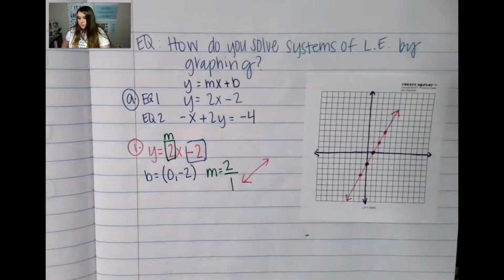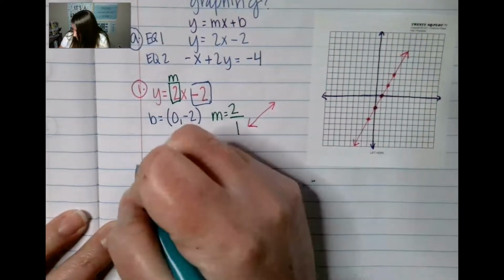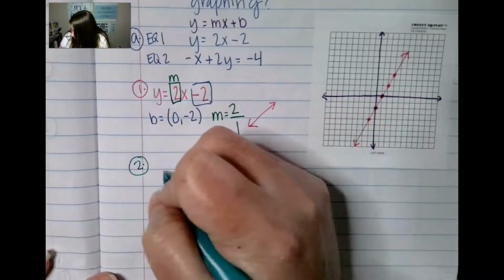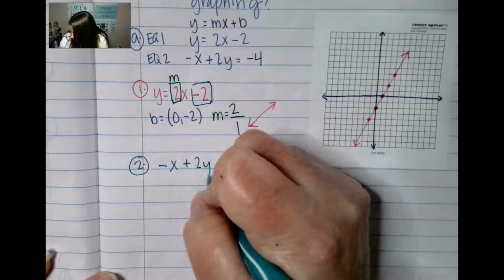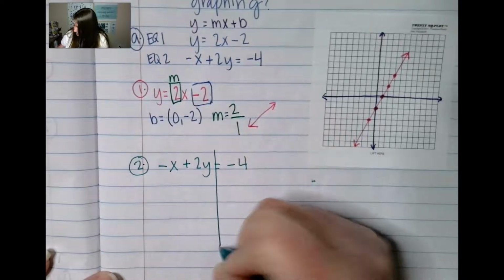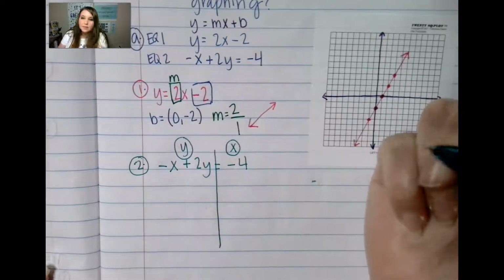Okay, next thing that we want to look at is this beast of an equation. So let's go ahead and look at equation number 2. So equation number 2, we need to make it say y equals mx plus b. It does not say that. It says negative x plus 2y equals negative 4. We want y on one side, we want x on the other.